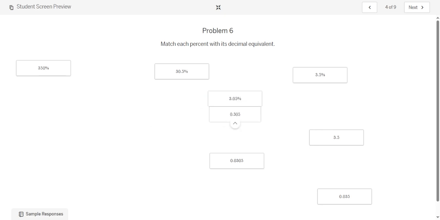Those two should go together. Nope, that is not correct. Is this one. I moved the decimal two spots. So once, twice, there should be zeros. 0.0305 is that one.